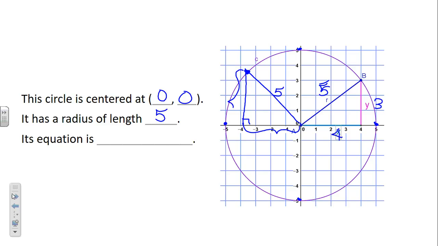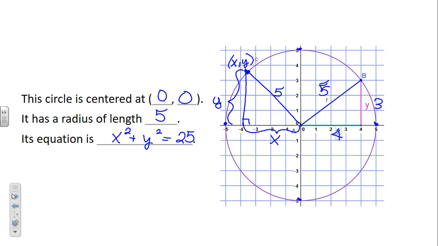Versus what is this? This is the y, right? For any point x, y that's on that circle, that's the y, this is the x. So, how would I find that equation in general? Square root of both those terms squared. Yes, so my horizontal movement squared plus my vertical movement squared should be equal to my radius squared.